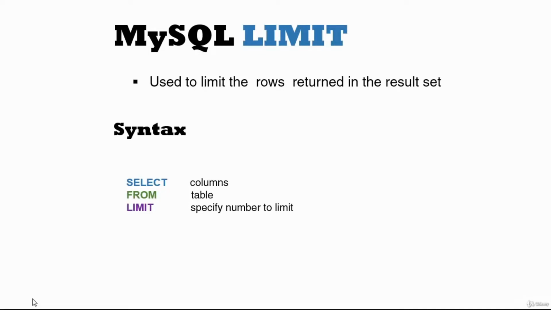So the limit statement limits the number of rows that are returned. So you can specify the number of rows you want, which is usually a numerical value. So the values can be 0 or positive integers. So anything from 0 and above, you can specify.